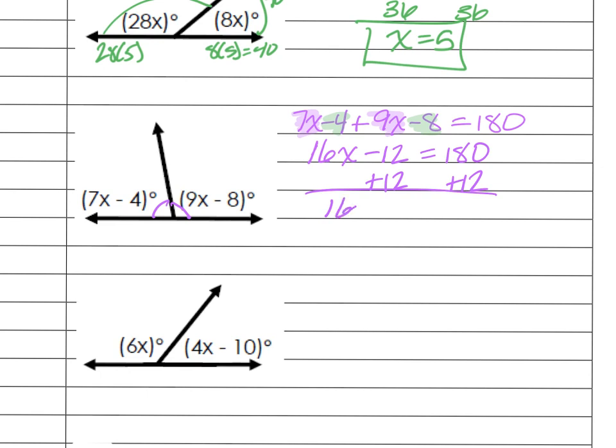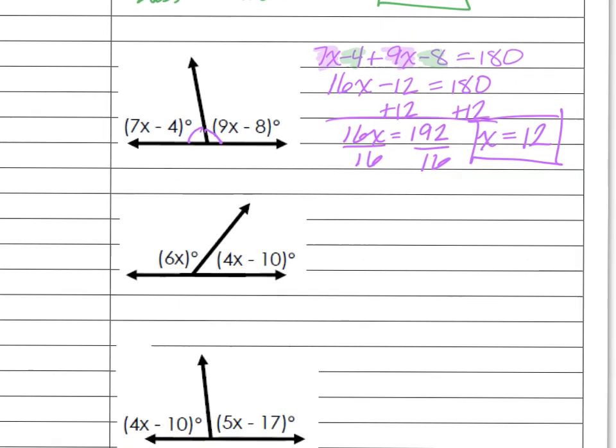And I get 16x equals 192. Divide by 16. And x is going to equal 192 divided by 16, 12. So x equals 12. Nice job.